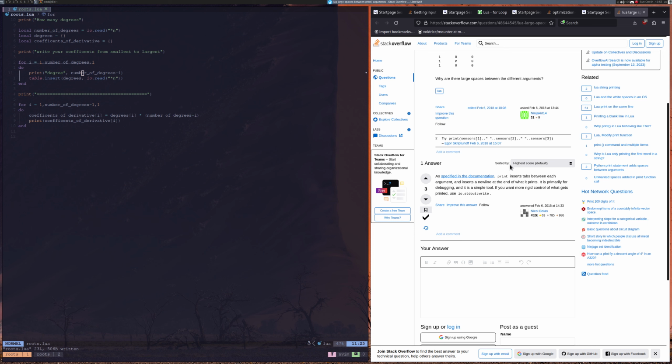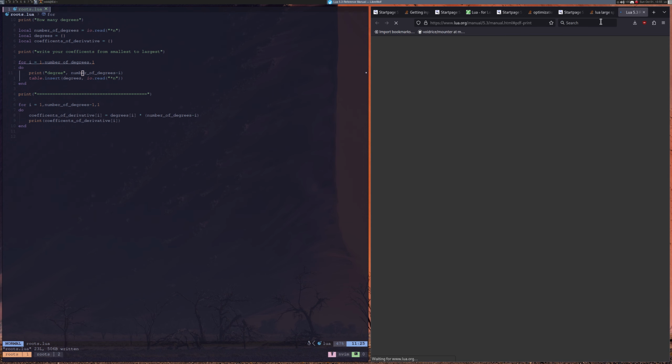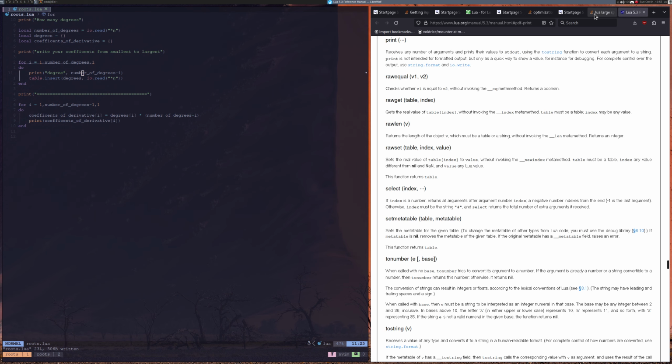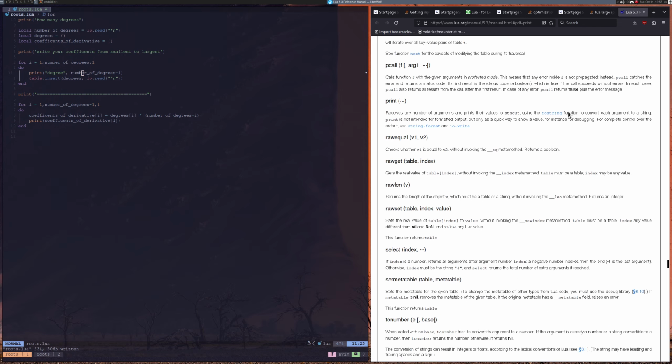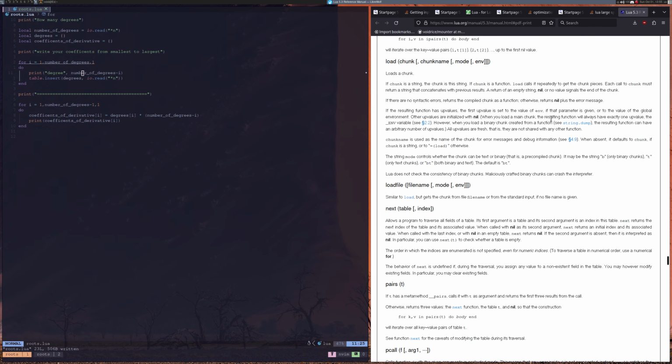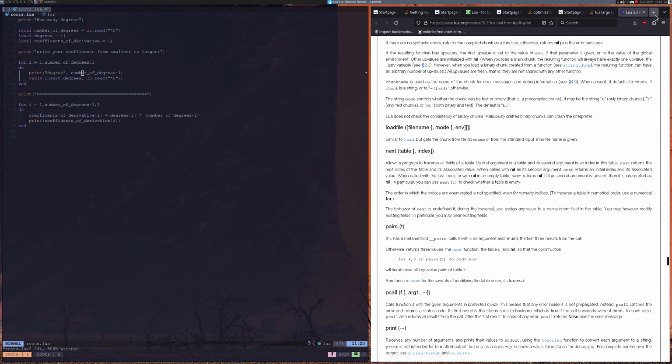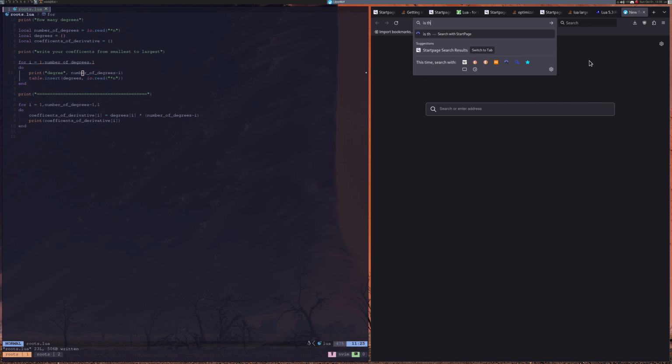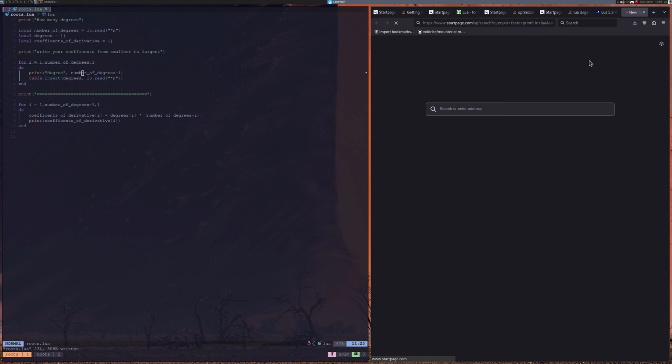If you want more rigid control, use string format. Well, that's silly. I don't like that. Is there printf in Lua?